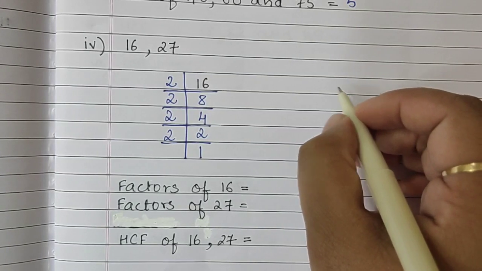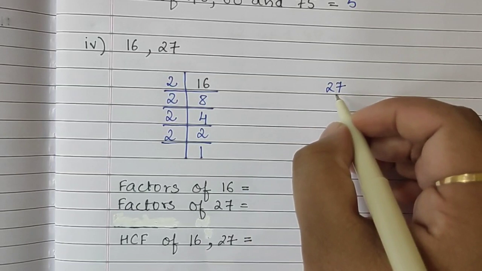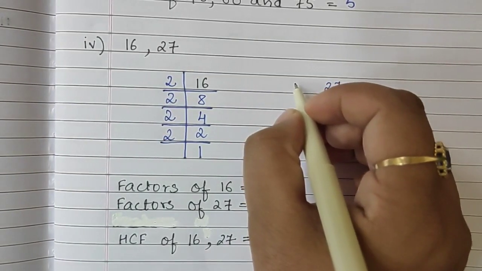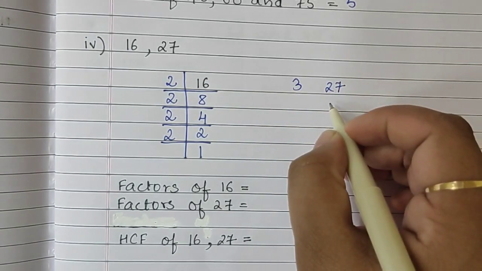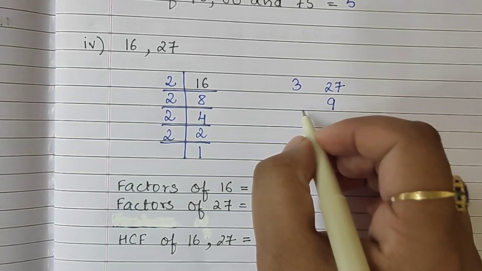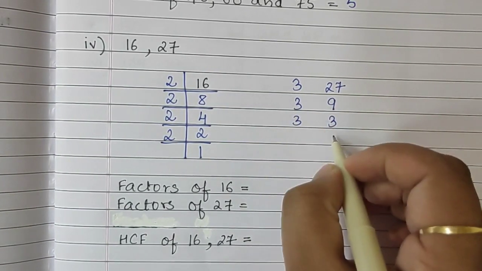Now we'll find factors of 27. 27 is not an even number, so we'll begin with the number 3. 3 9s are 27. 3 3s are 9. 3 1s are 3.